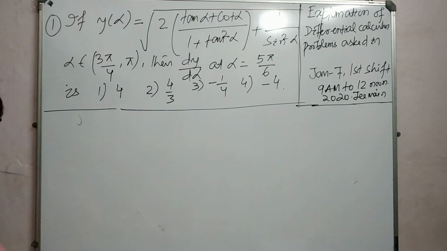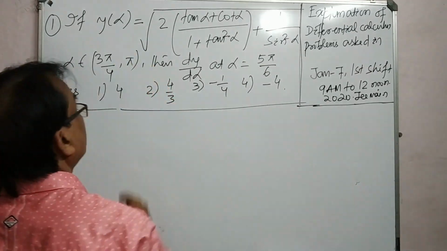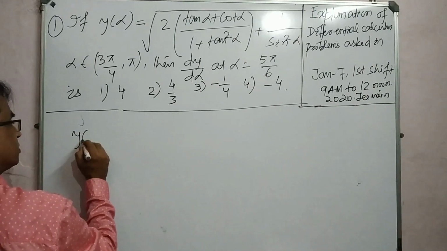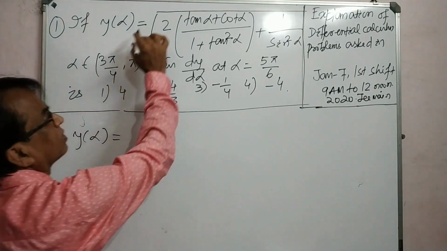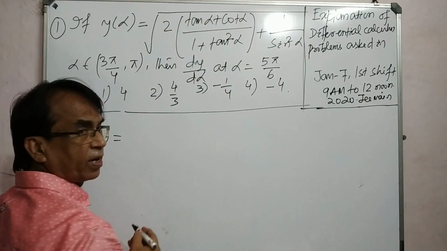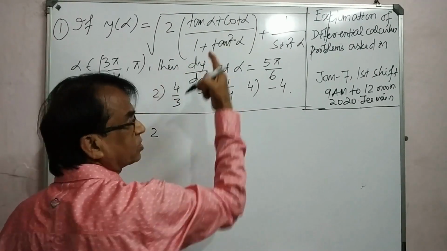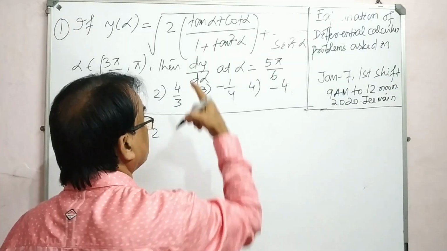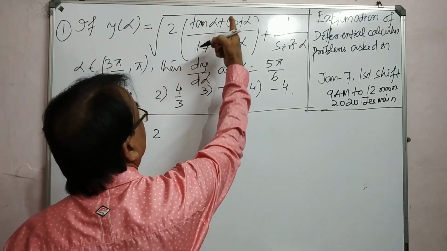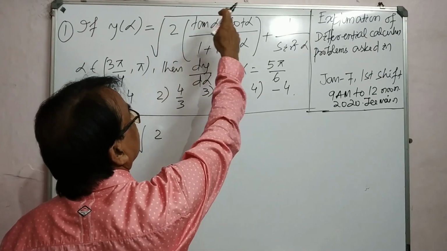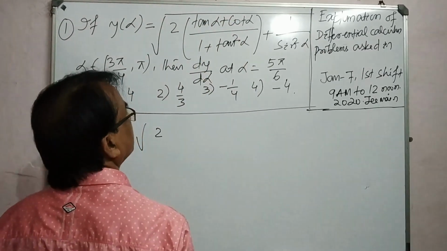Now first of all, the function, what is given, y, and if you see this function, first of all this one is to be simplified. Tan alpha plus cot alpha, converting to sine and cos, it is sine by cos plus cos by sine, so sine square plus cos square is equal to 1, and 1 by sine alpha cos alpha.